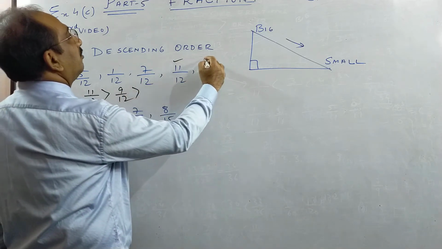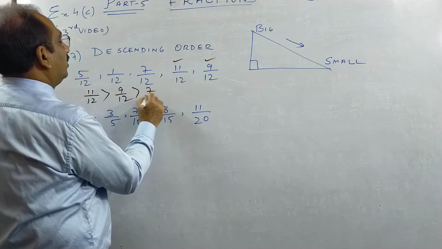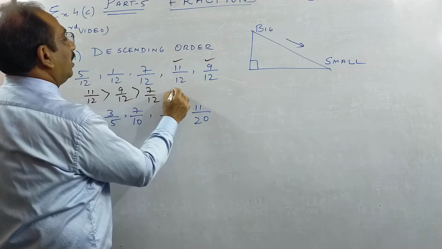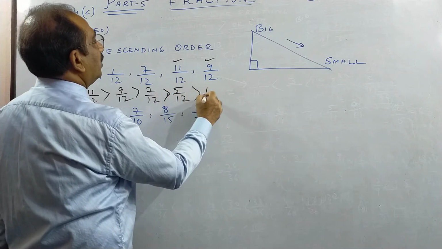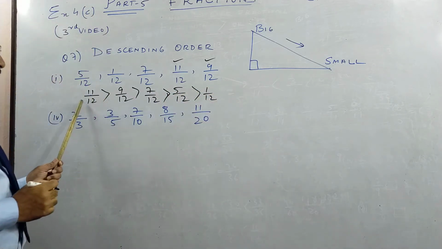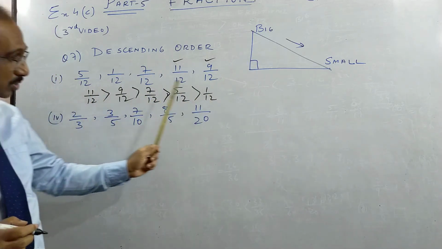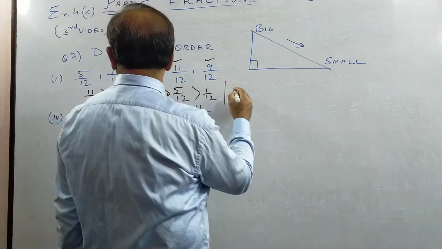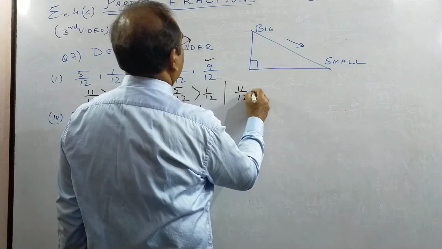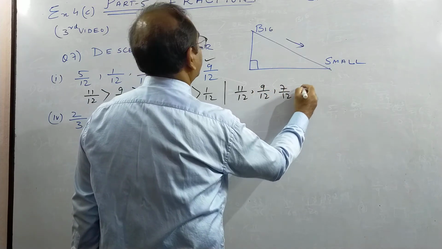So biggest is 11 by 12, 9 by 12, 7 by 12, 5 by 12, and then 1 by 12. So this is descending order, big to small. You can do it without this sign, with commas. As I told you in the previous sum, you can give your answer like this also, children.